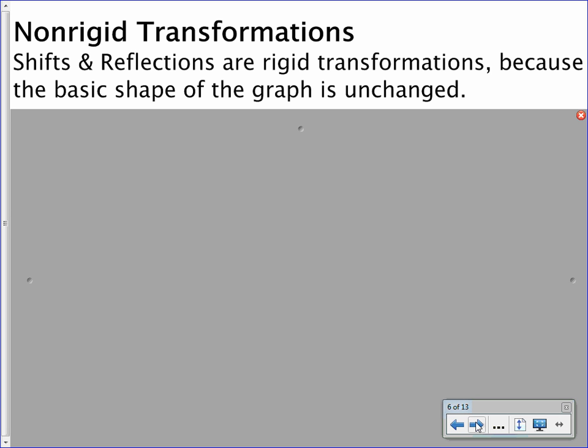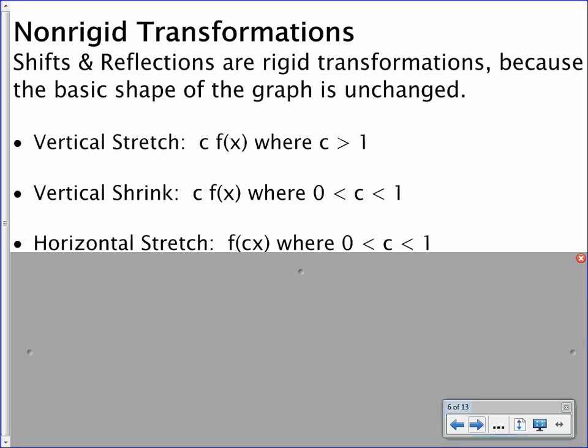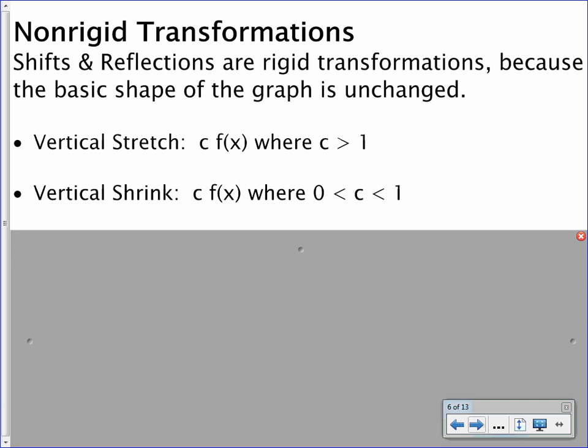So we're going to talk about first a vertical stretch or shrink. When I say the word vertical, what do you think of? X or Y values? Y values. Okay. So we're going to have something outside of our function. Here's our vertical stretch and our vertical shrink.